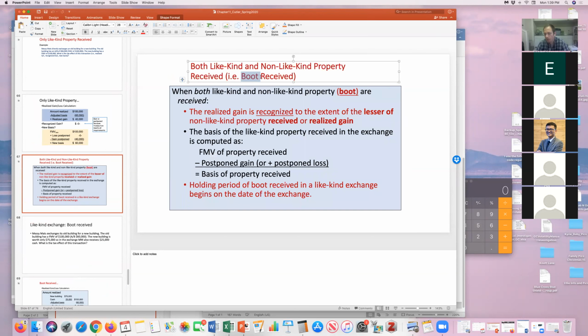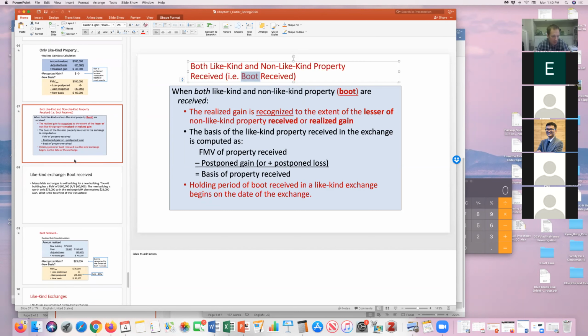So if it's not real estate being traded for real estate, if there's something else too, we call it boot. And so I'm going to have this full gain that I realized, and up to the amount of that gain, whatever's smaller, my full gain or the amount of boot that I got, I have to recognize that much gain this year.